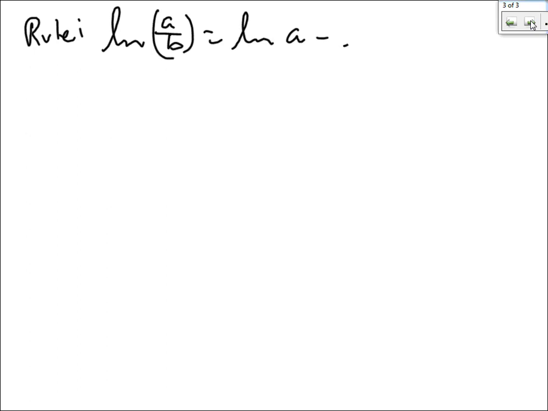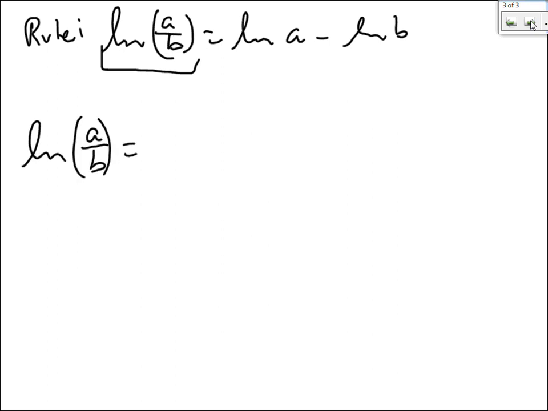Now, let's prove this next rule: ln of a over b is ln of a minus ln of b. So we'll start off with this side. ln of a over b, ln of anything, is the integral of dx over x from 1 to the anything.